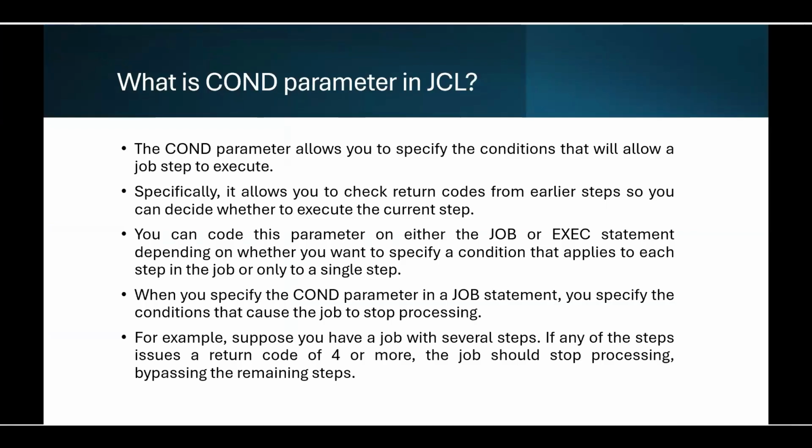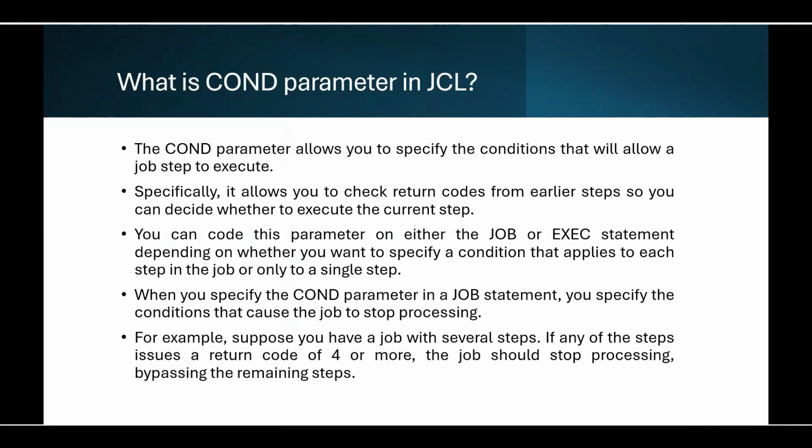Okay, so next one is what is the condition parameter in JCL. Whenever you're working on JCL, there is also a condition parameter that will help you, based on some return code or some condition, to manipulate the execution of any job step. The condition parameter allows you to specify a condition that will allow a job step to execute.